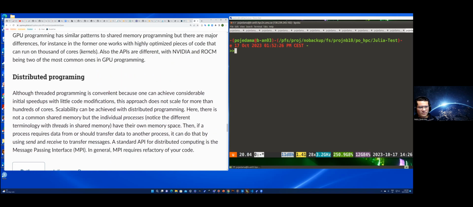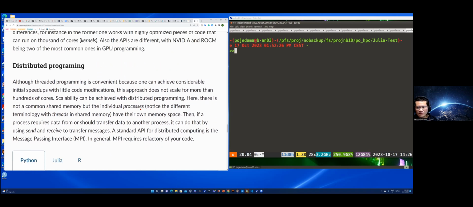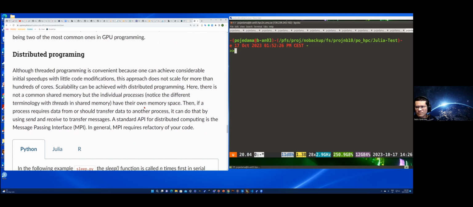Besides this, we have the distributed memory programming that I mentioned before, where the different CPUs don't share the memory, but they can exchange data by using send and receive functions, for instance. And here, the Message Passing Interface, MPI, is the standard API for programming.